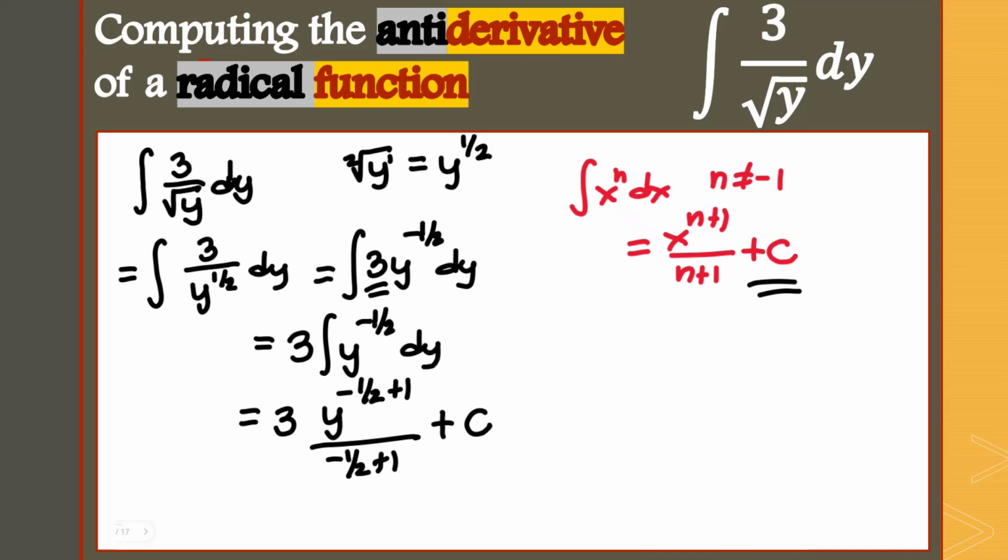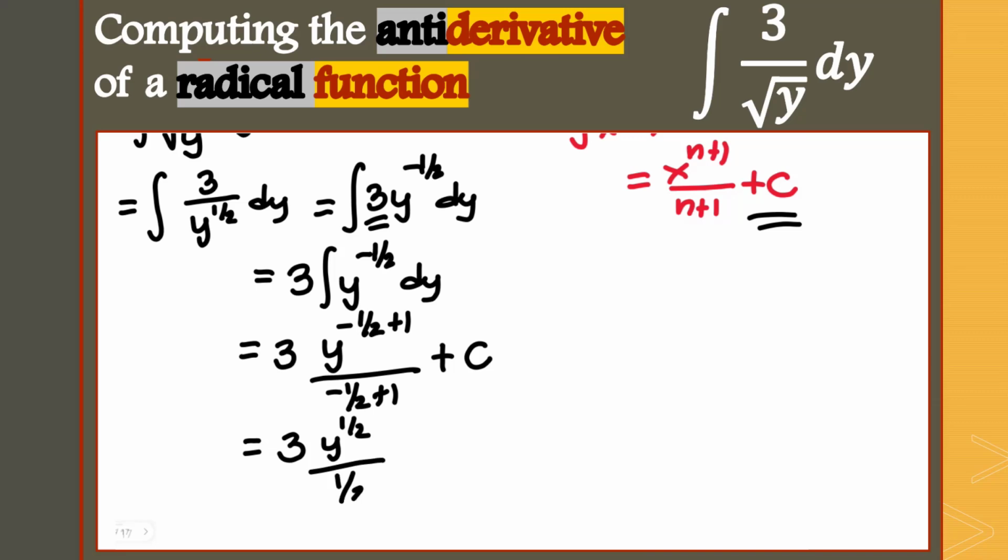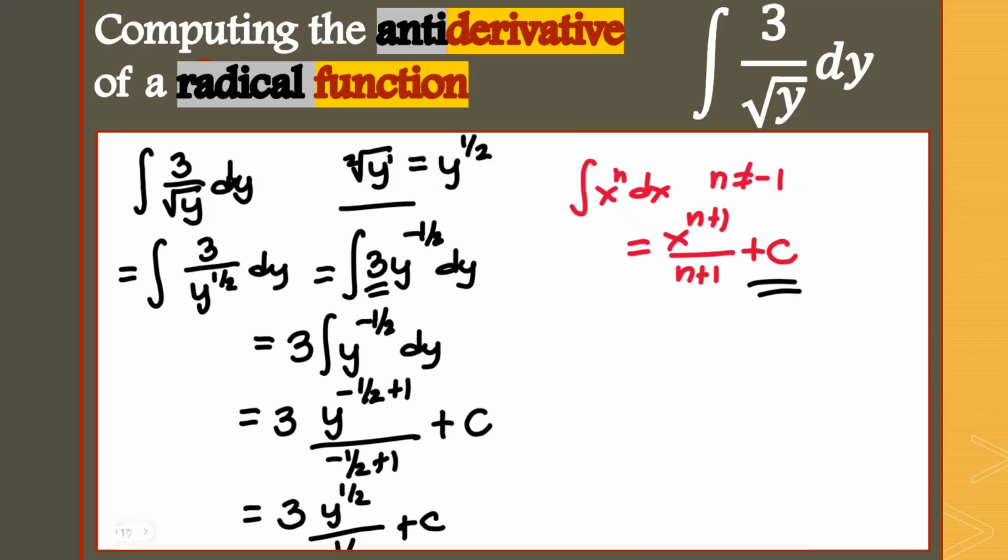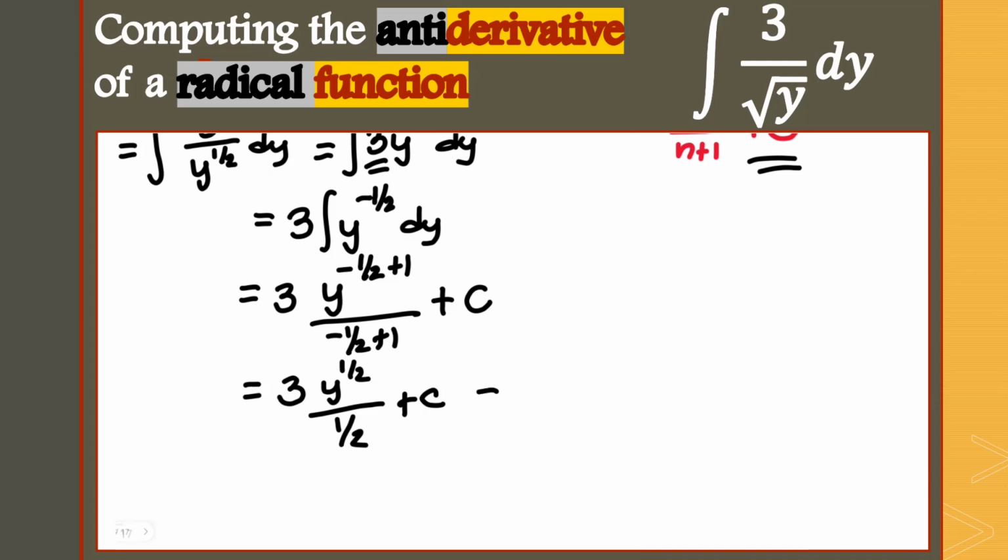Okay, now from this, of course, you will have 3, and negative 1/2 plus 1 is just y to the power of 1/2. That's the same denominator here, 1/2, plus c. Now take note that y to the power of 1/2 is already identified as square root of y. So you will have 3 times square root of y over 1/2 plus c.